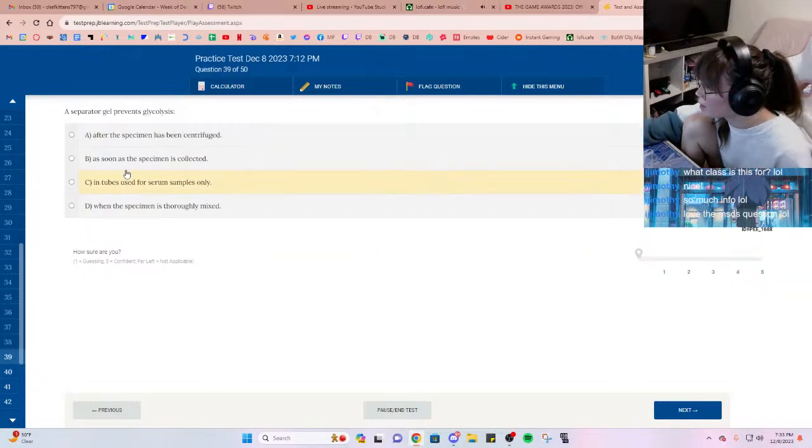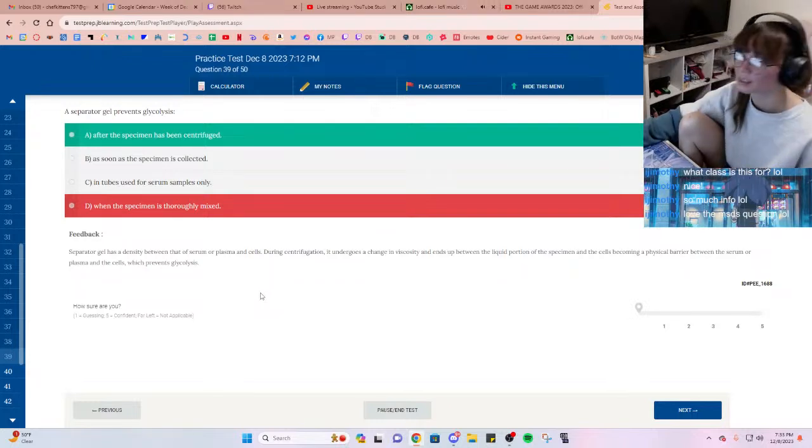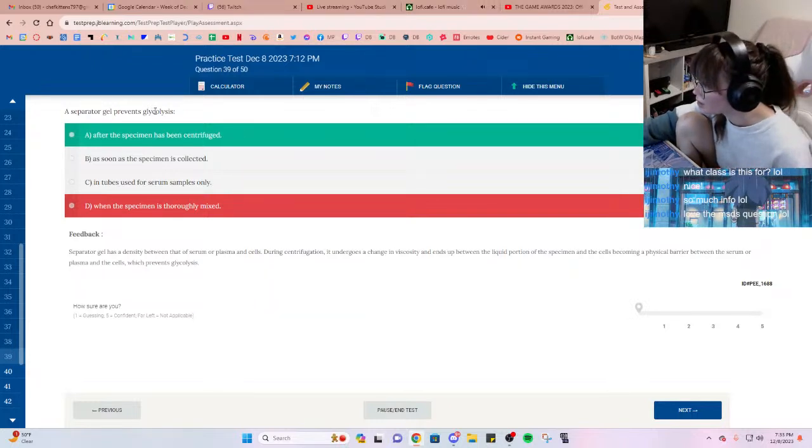Interesting. A separator gel prevents glycolysis after the specimen has been centrifuged, as soon as the specimen is collected, in tubes used for serum samples only, or when the specimen is thoroughly mixed. I think when the specimen is thoroughly mixed. Oh, after it's been centrifuged. Damn, okay. Separator gel has a density between that of serum and plasma and cells.